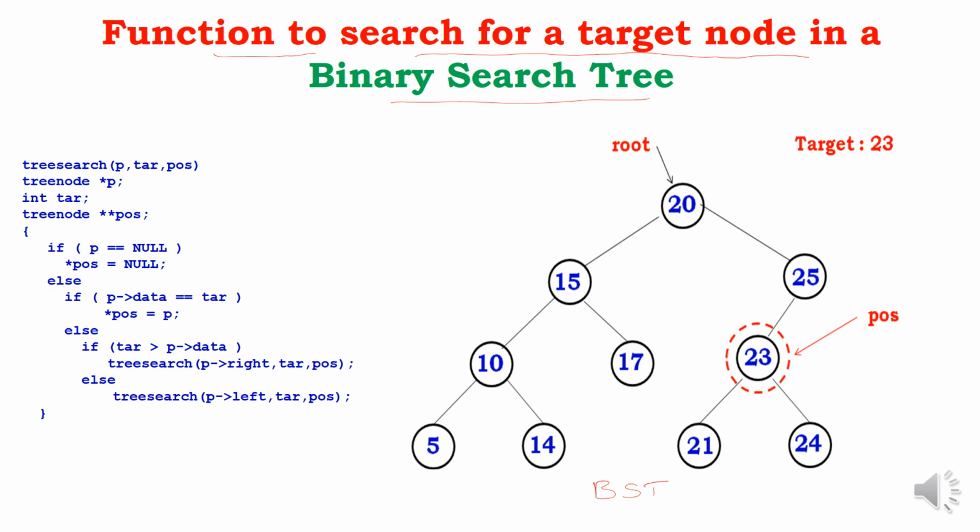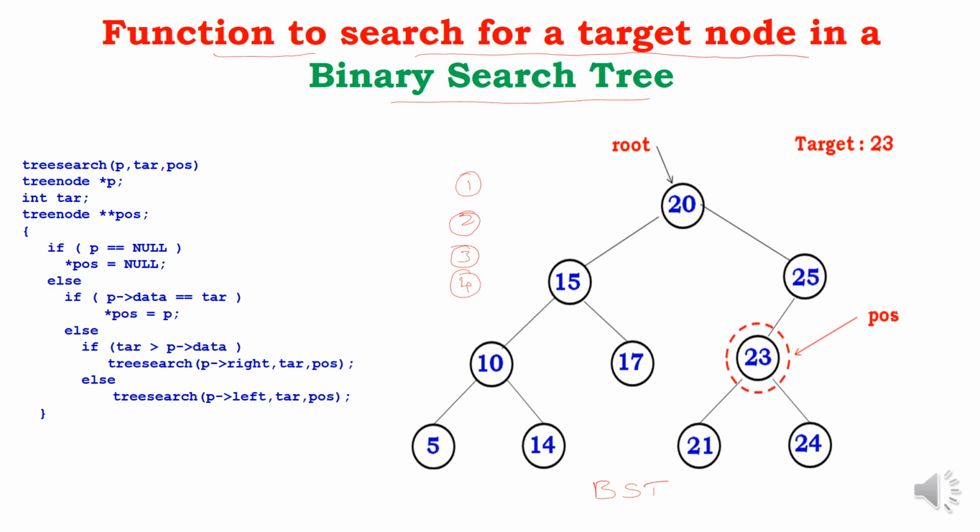Every node contains a key and it follows certain rules. The first rule is the key value in the left subtree should be less than the key value in the parent. The second is the key value in the right subtree should be greater than the key value in its parent. Left and right are binary search trees.